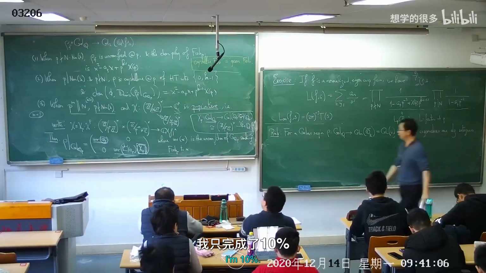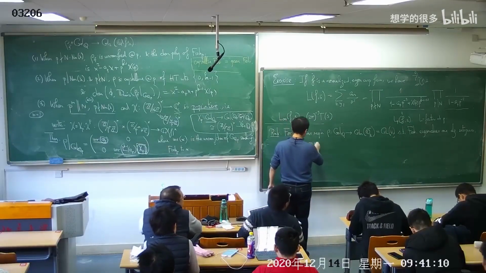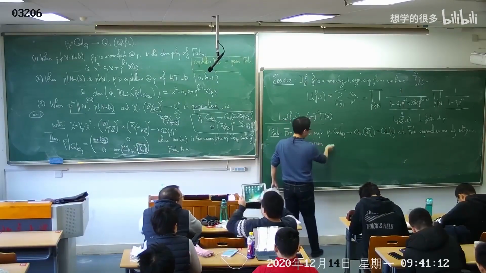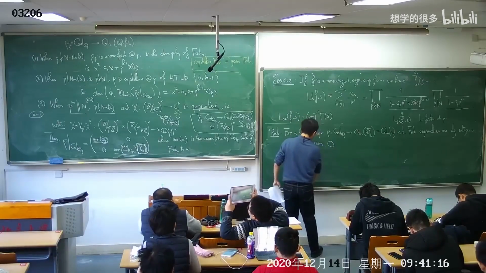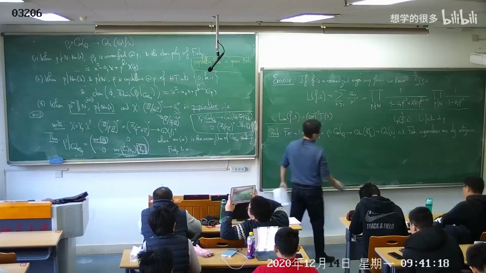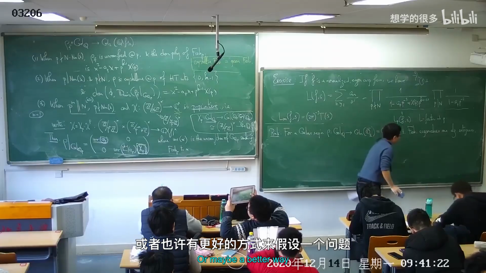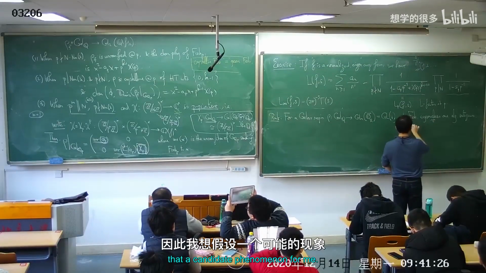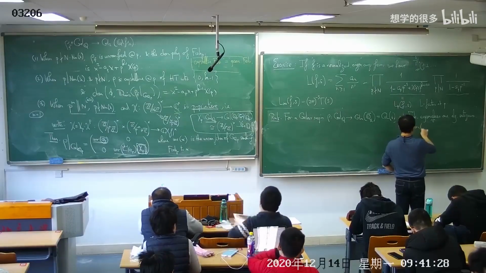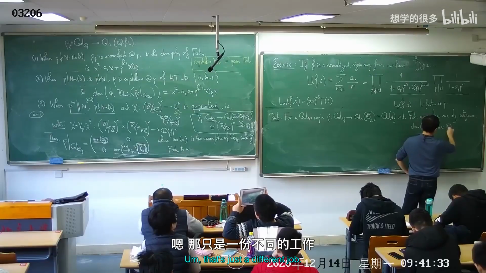To be precise, I want to fix the isomorphism. Wait, we might do the following. Or maybe a better way is to assume a better problem. So I want to assume that the characteristic polynomial is convenient, a Q condition.